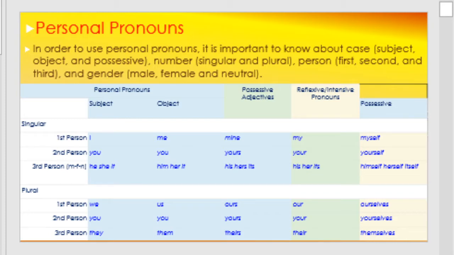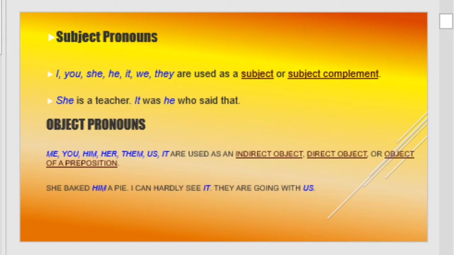Actually, I just separated and cut them into pieces, just like this. As we know, we have the subject pronoun. Subject pronouns are pronouns that are used as a subject.